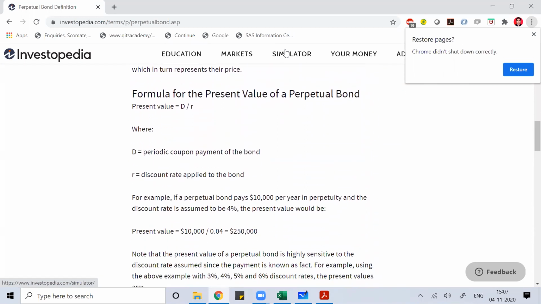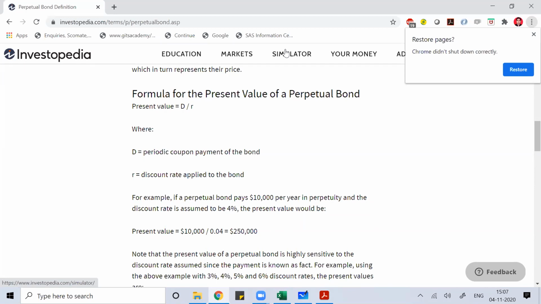The formula for the present value of the perpetual bond is nothing but coupon divided by the rate of interest. That would be the formula for determining the price of the perpetual bond. Here an example is also given.